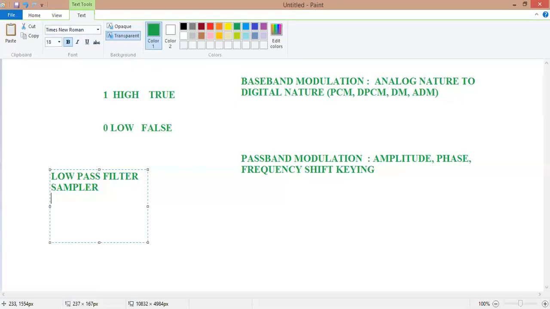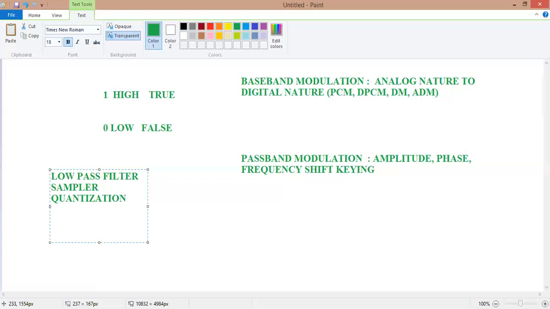And if I want to map using certain levels, that is possible using quantization. I want to quantize them. I want to map at a particular level. That is called quantization. So that technique is known as quantization.